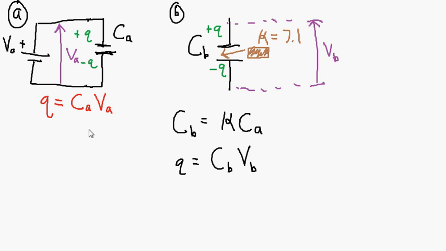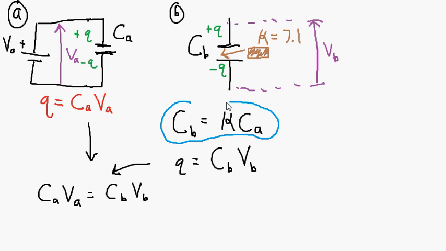And so since charge is conserved, you take this equation and this equation, set the right-hand sides equal, and you get CA VA equals CB VB. I should have done this plug-in first: CB is kappa CA, and then we have the VB there.